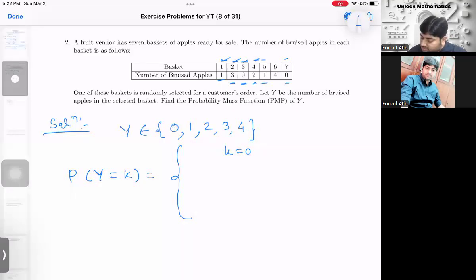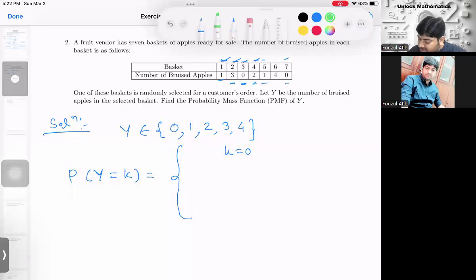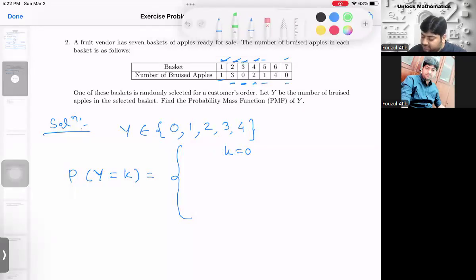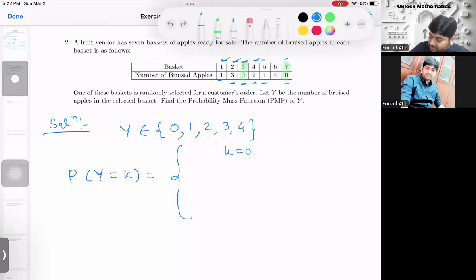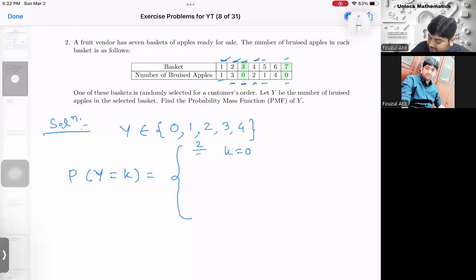You have to select which basket. Zero bruised apples is possible in the third and seventh basket. So there are two such baskets where you don't have any bruised apple. Two such baskets out of 7. So the probability is 2 by 7 if k equals 0.